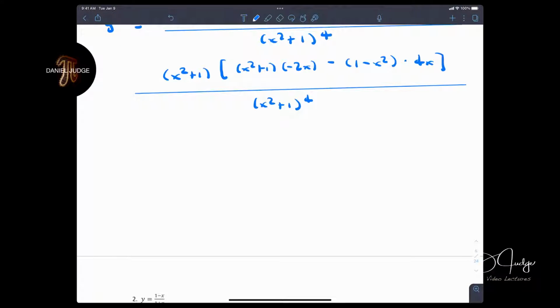And it'll disappear in the numerator, but we're now going to distribute here. So we're going to distribute here, and we're going to distribute here. But this will cancel. This is now 3.